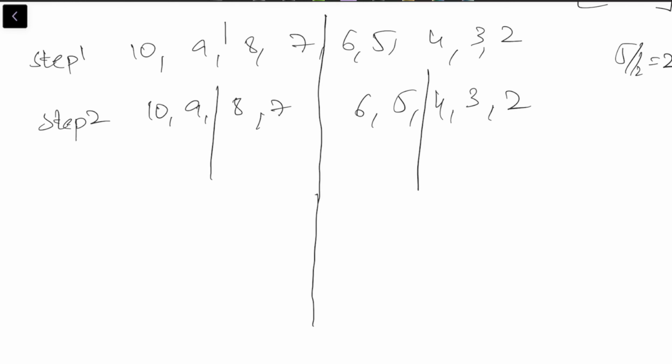Here the length is 2, and here the length is 2. It will send it in 9, 10 order, and here in 7, 8 order. Now we have split and sorted, and we'll try to merge it.